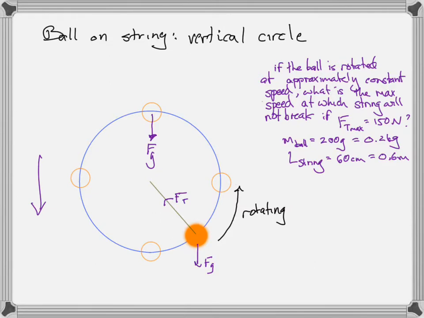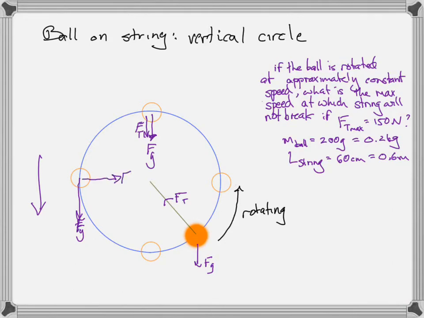So at the top of the circle, what's the direction of the tension of the string? The tension is always pulling it towards the center of the circle. It's a taut string, so Ft pulls it towards the center. So there are two downward forces. Let's take the ball on the left. It's the same two forces, gravitational force down and the tension in the string, which is always towards the center of the circle.